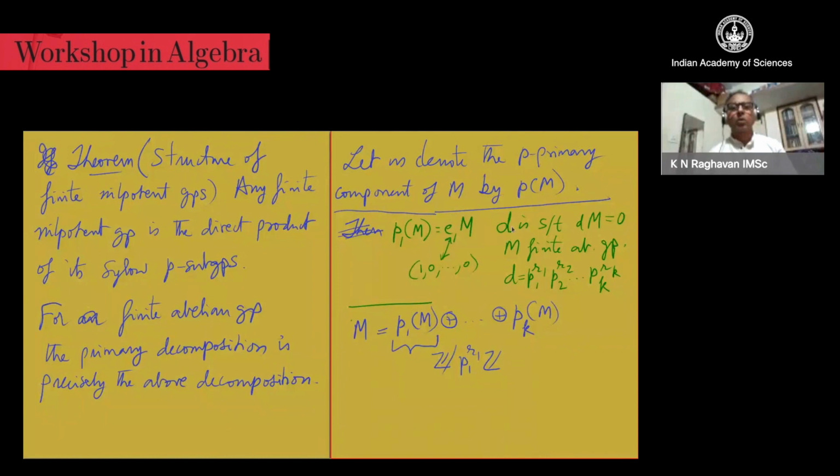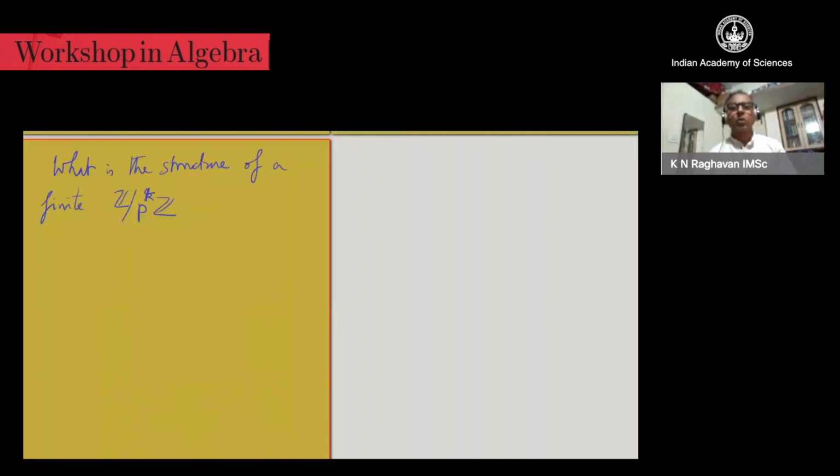In other words, this D I can assume to be a prime power for this module. So from a general D, we are down to the prime power case. That is the advantage of this primary decomposition.